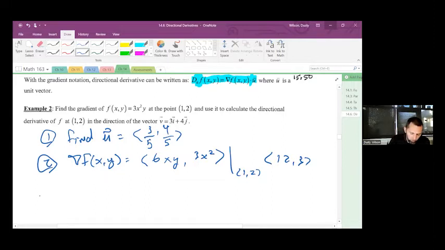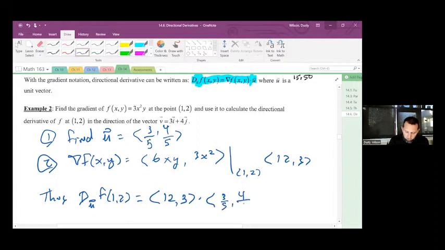And so this tells us that our directional derivative in the direction of u of f at 1, 2 would be 12, 3 dotted with 3/5, 4/5, which would be 36 plus 12, or 48 over 5, just like before.